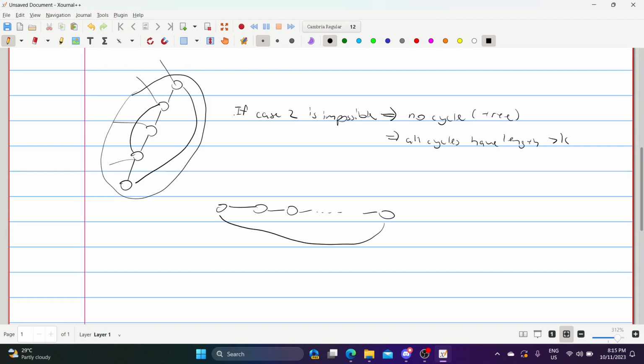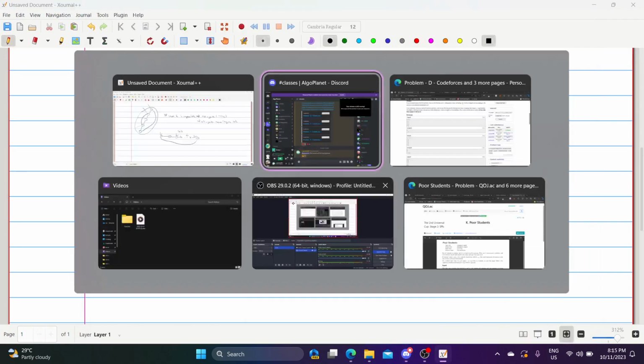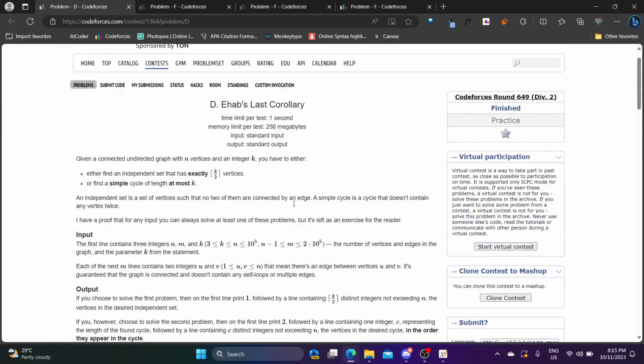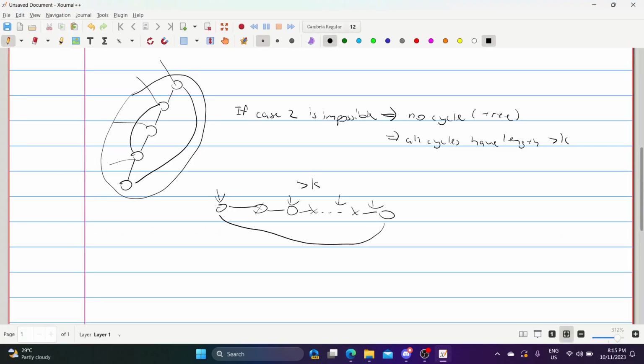So what that implies is that if we have a cycle of length more than k, and we take every other element, you take one and then you don't take, then you take one, then you don't take, then those selected vertices will form an independent set of size cycle length divided by 2.